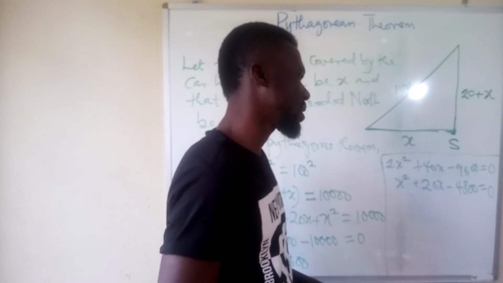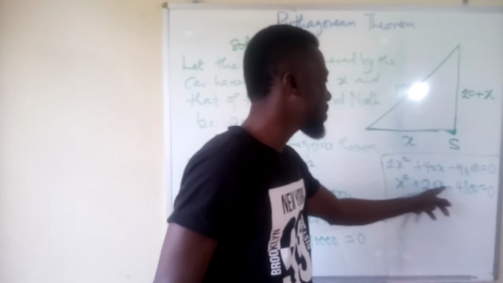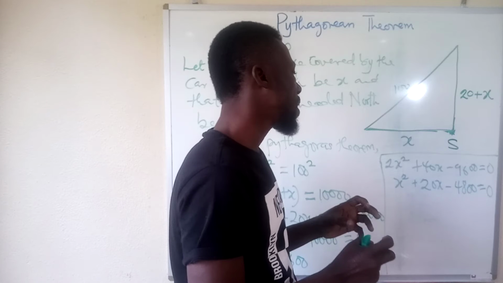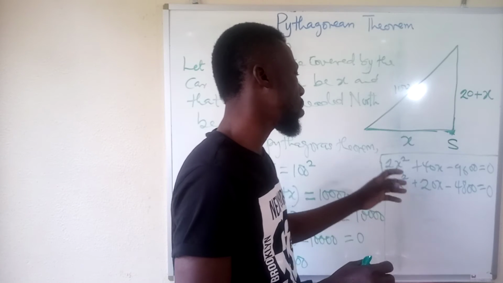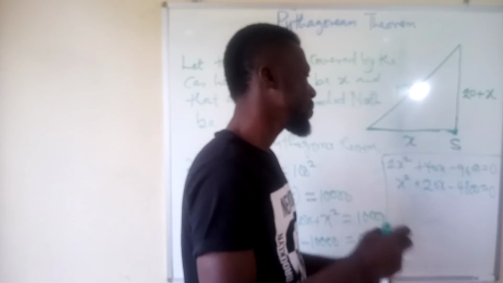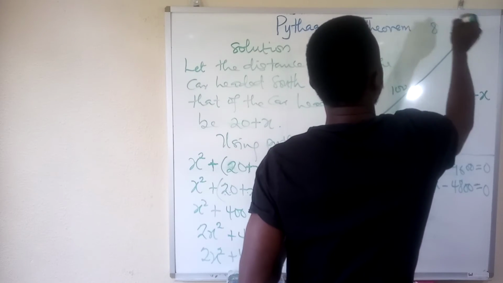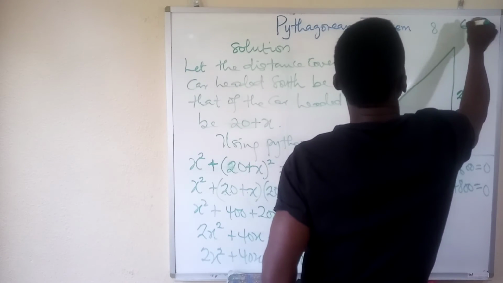What two numbers are we thinking about? What we shall do is forget about the zeros. So we have 2 and 48. Which two numbers are we going to subtract and get 2, and when we multiply them we get negative 48? I think the numbers are 8 and negative 6.